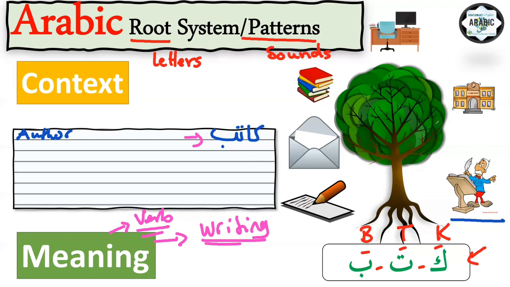We have different examples. It could be a person, a place, an object, or even a gerund, which is a noun. So I'm going to write these examples right here. And as I'm writing, please try to recognize the root of all the words that share the same meaning of writing.